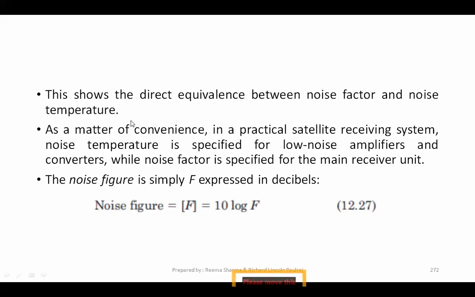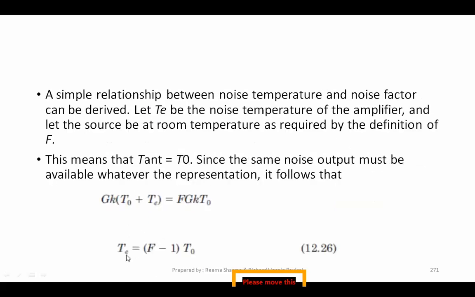So we can see that there is an equivalence between noise factor and noise temperature. There is a direct equivalence here between the temperature and the noise factor F. So if the question asks to derive the relation between T and F, you will be using this equation, which is 12.26.